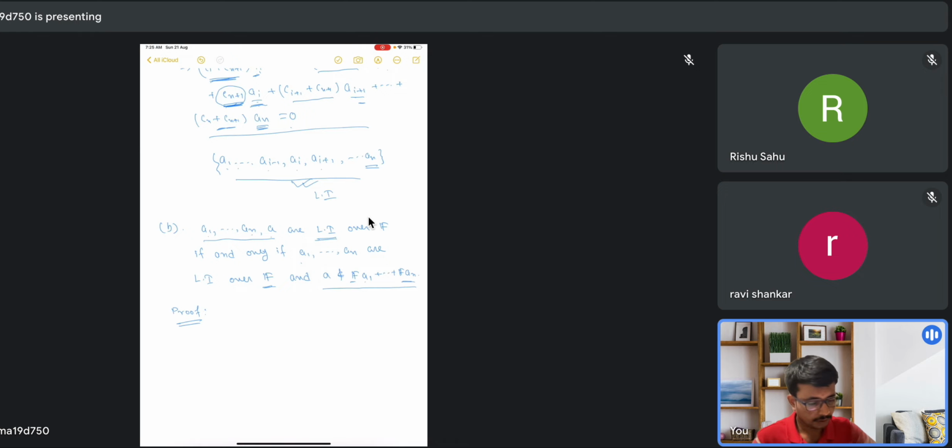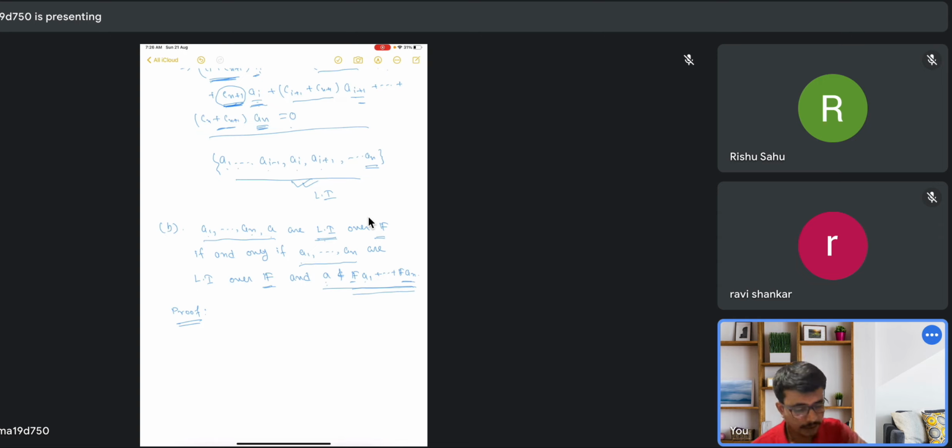So A does not belong to this set. This is your if and only if condition. So this expression will be linearly independent over the field F if and only if A1 up to n are linearly independent over F and A does not belong to this expression. Please tell me what the proof is.